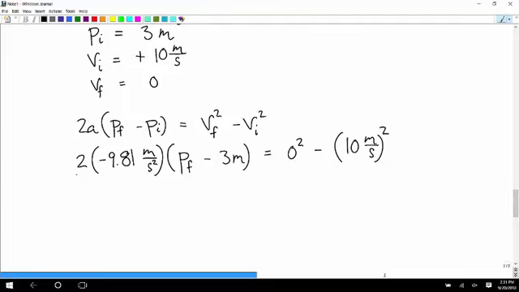If we multiply the 2 and the negative 9.81 through, distributing that through these parentheses, we have negative 19.62 meters per second squared times PF.